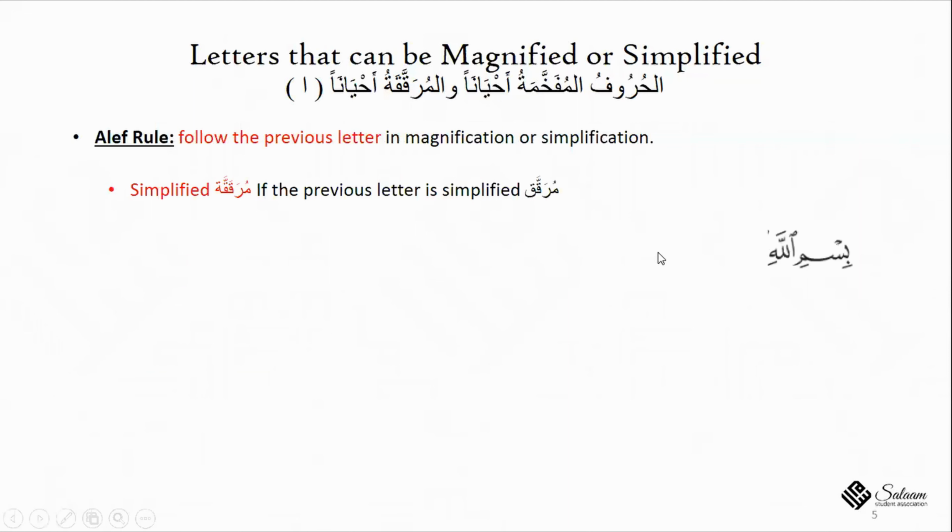Here, first example. We say Bismillah. We say Qulillah. We say Iyaka. Just notice the pronunciation of the alif.